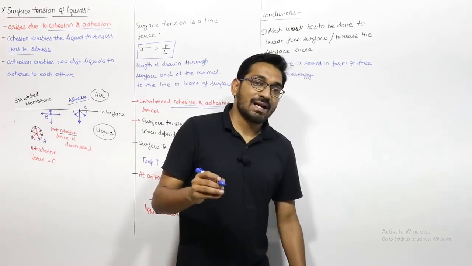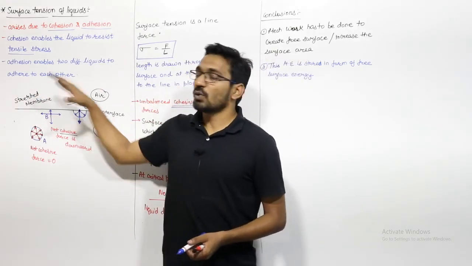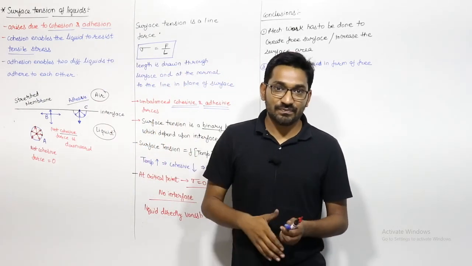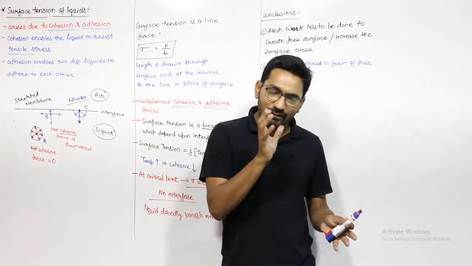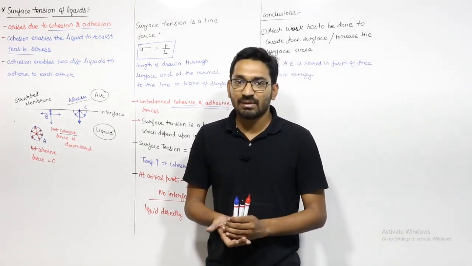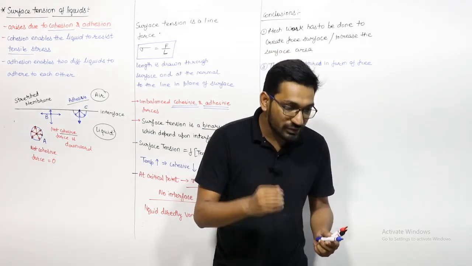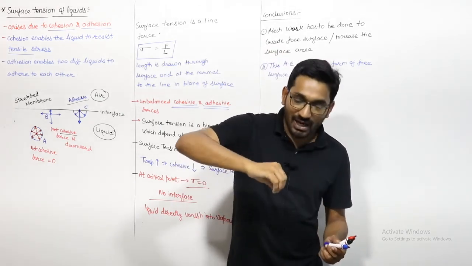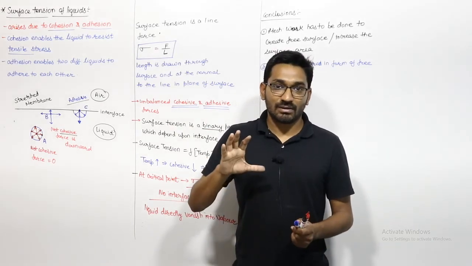And because free energy is stored in this free surface, any system which wants to be in equilibrium, and every system wants to be in equilibrium, wants its potential energy or surface energy to be minimum, right?